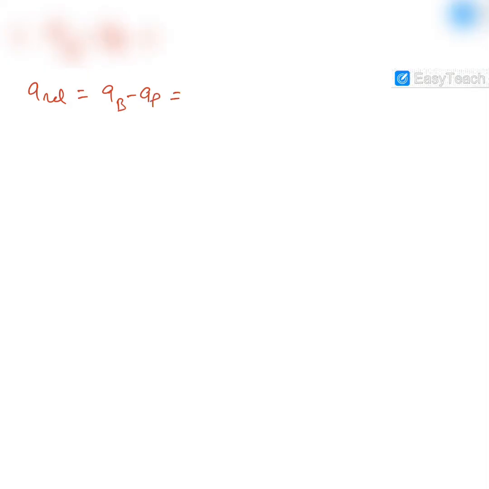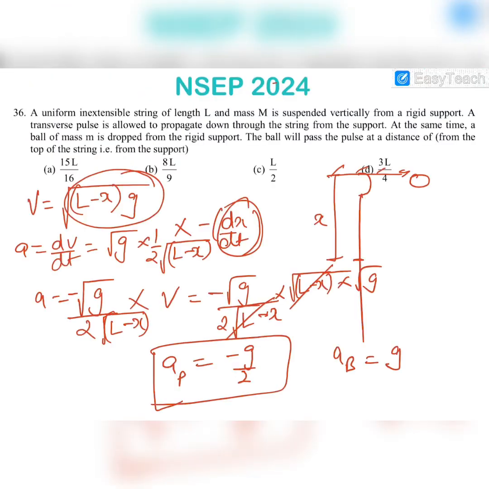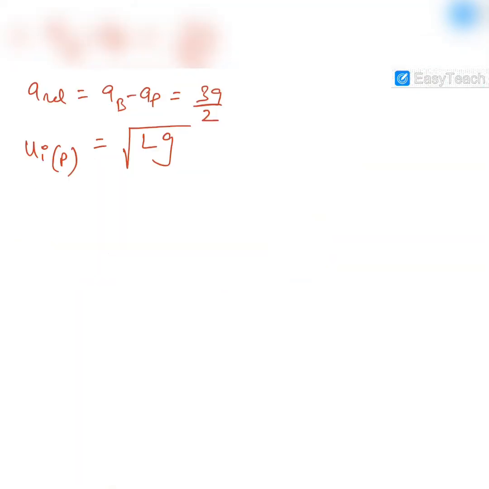is A ball minus A pulse, which is 3g by 2, and u initial of the pulse at the top point is under root of Lg. You can substitute the value of x as 0 at this point to find out the velocity of the pulse at this point. So this is under root Lg, and u initial of the ball is 0.